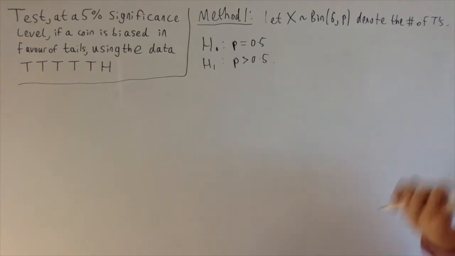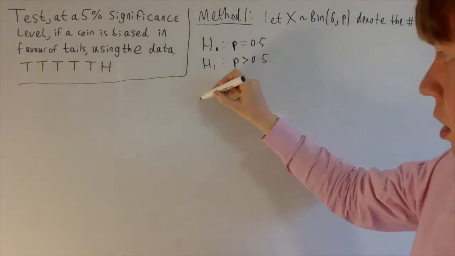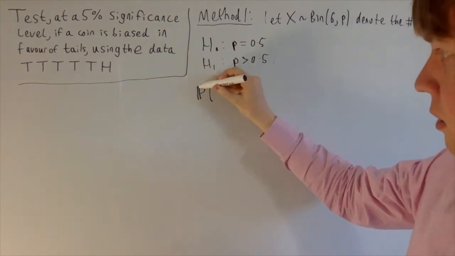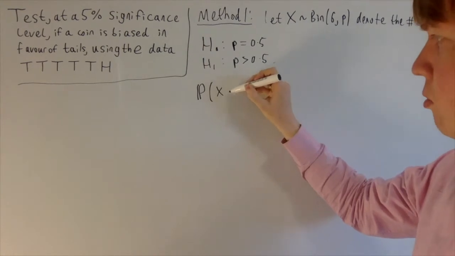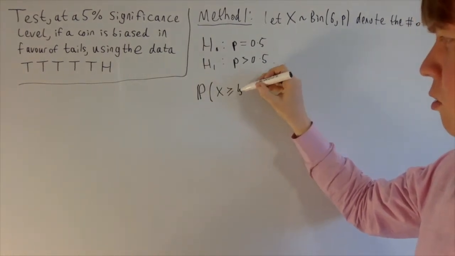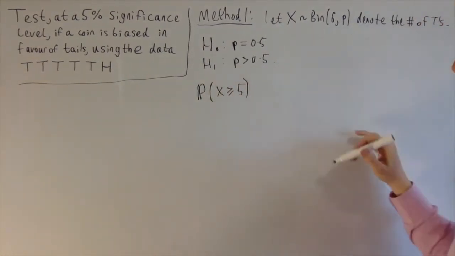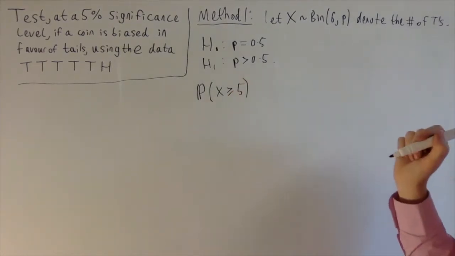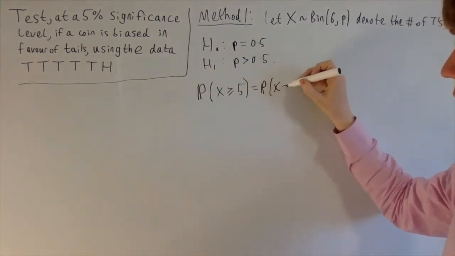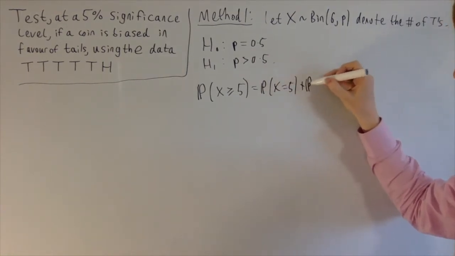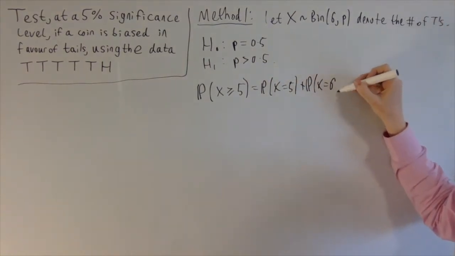So let's have a look at this. We assume the null hypothesis is true, and then we look at the probability of getting our data or something more extreme. So the probability that X is greater than or equal to 5, the probability of getting 5 tails or 6 tails. This is the probability of getting 5 tails plus the probability of getting 6 tails.